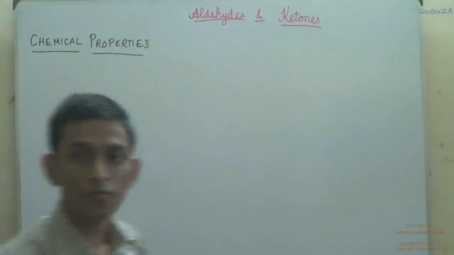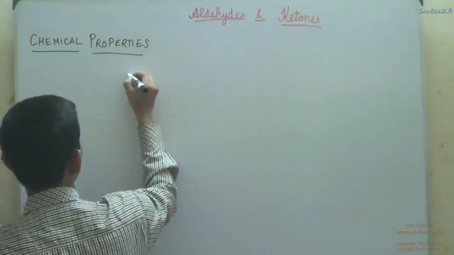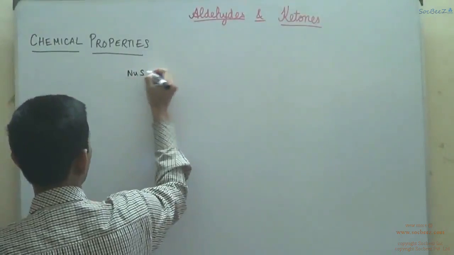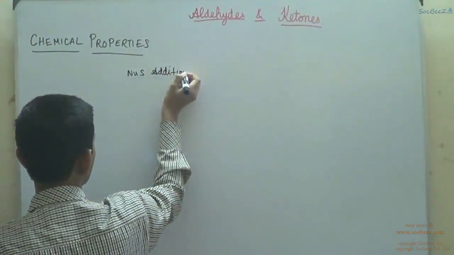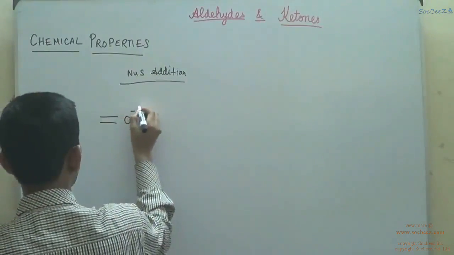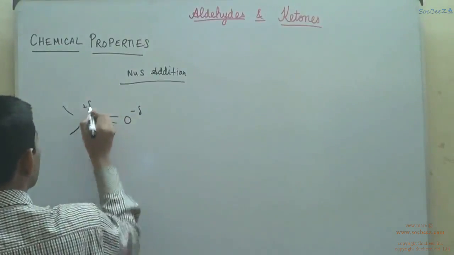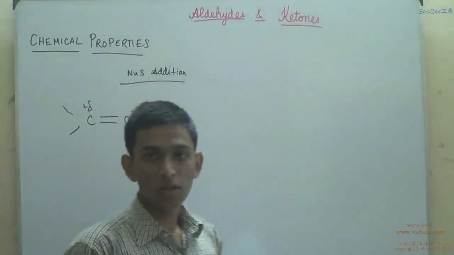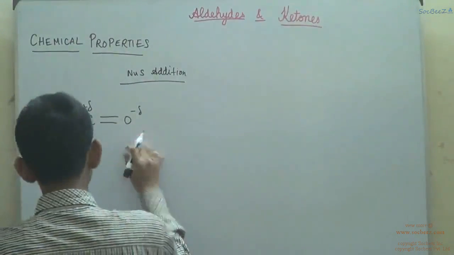Let me tell you what forms the basis for the chemical properties. So let's talk about nucleophilic addition. This is your carbonyl group. So plus delta charge on carbon, minus delta charge on oxygen.